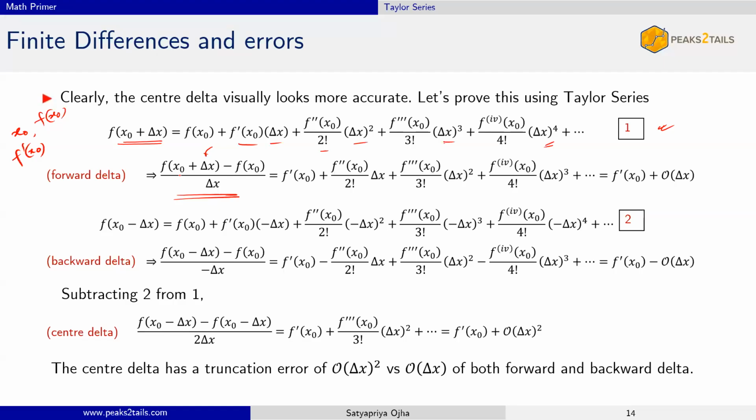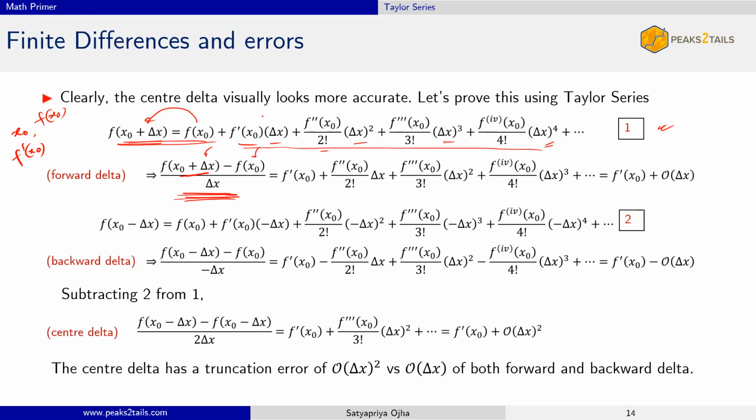So forward delta is f of x0 plus delta x, minus the original function, divided by delta x. In this expression, you can do that. Take this one to the left-hand side, and then in the remaining portion, divide by delta x. That will give you this on the left-hand side.